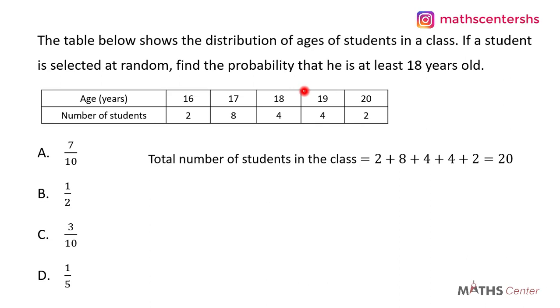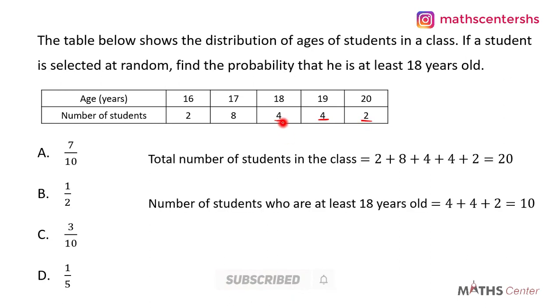So if we want the number of students who are at least 18 years old, we will have to add the number of students who are 18 years old, 19 years old, and 20 years old. 4 plus 4 plus 2 will give us 10. So the number of students who are at least 18 years old is 10.